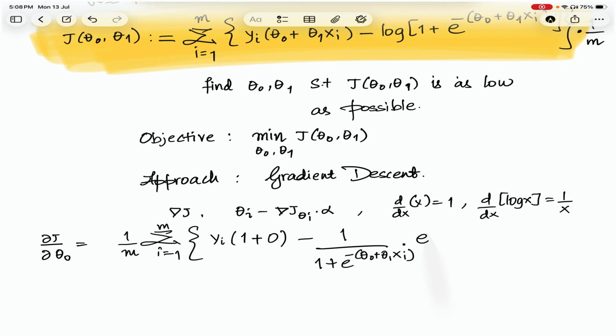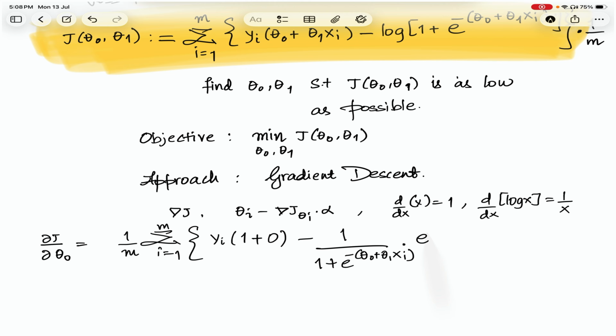So you just got 1 over 1 plus exponential negative theta 0 plus theta 1 xi. So you'll be multiplying both numerator and denominator by exponential positive z. The numerator gets 1. You're multiplying it with inverse of one another. We'll have this. So this is, let's call it equation 2.